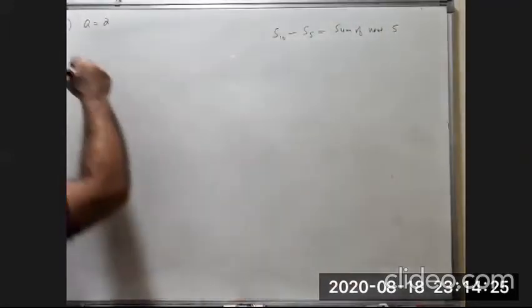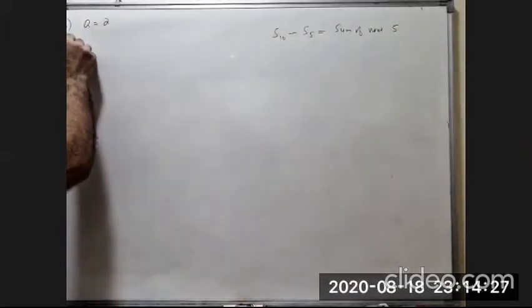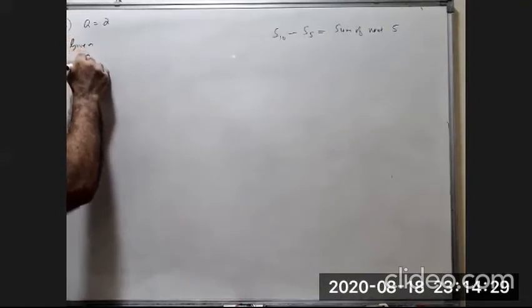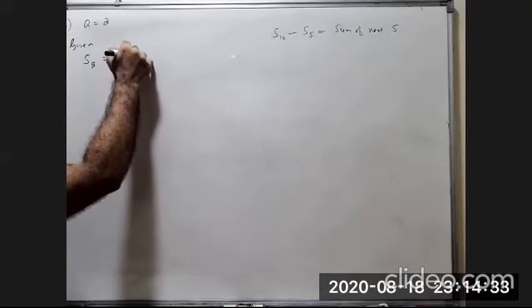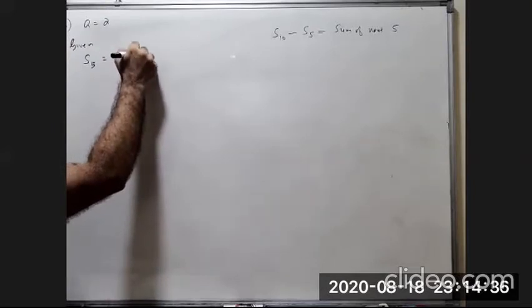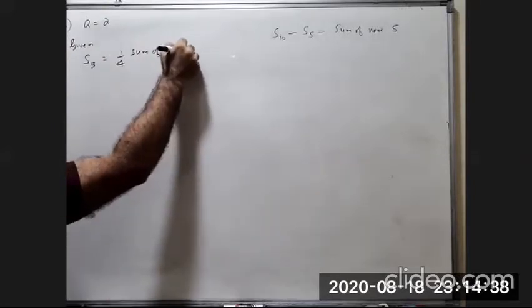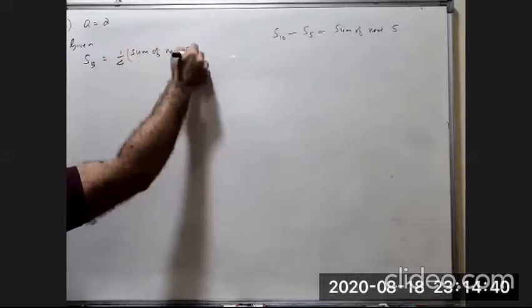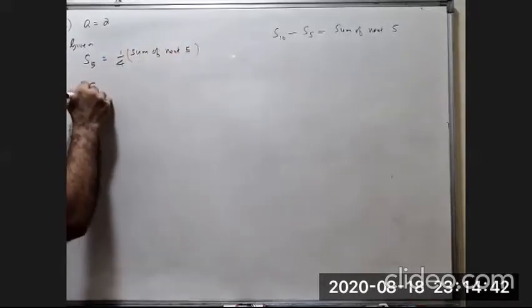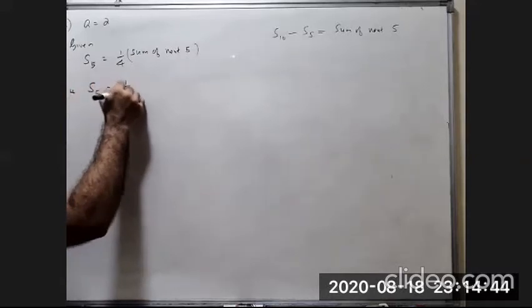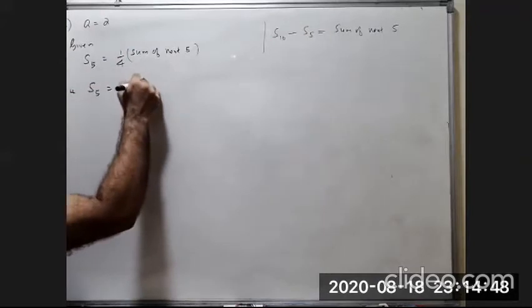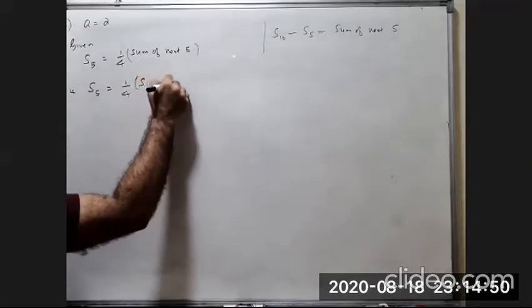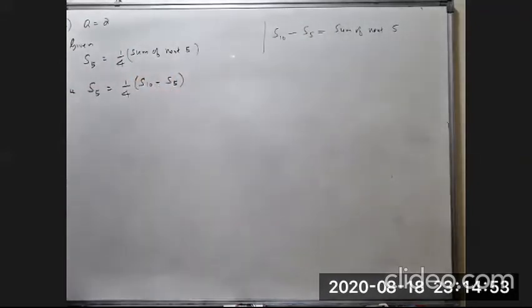That is, S5 is 1/4 of the sum of next 5, and the sum of next 5 means it is S10 minus S5.